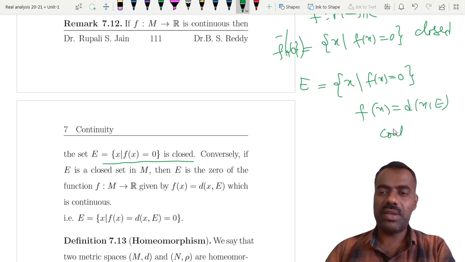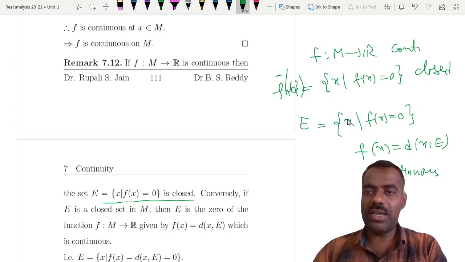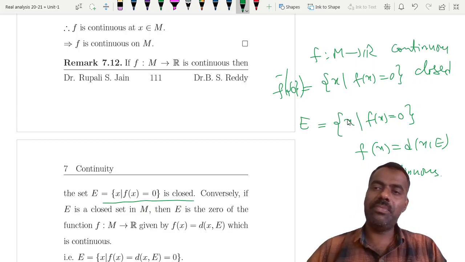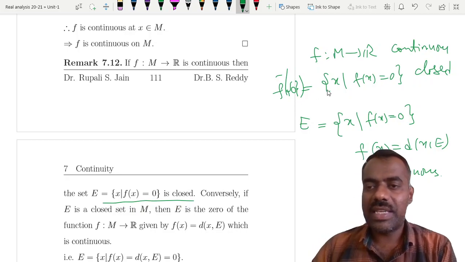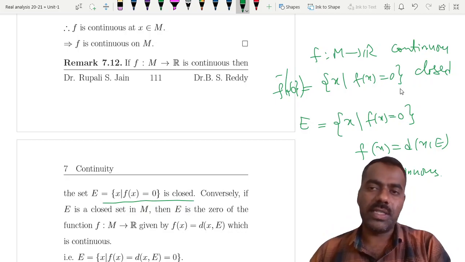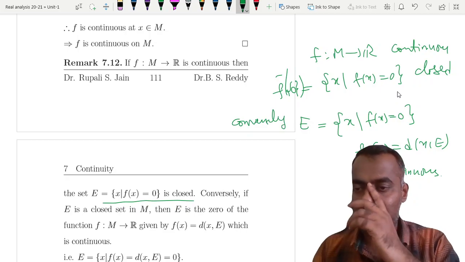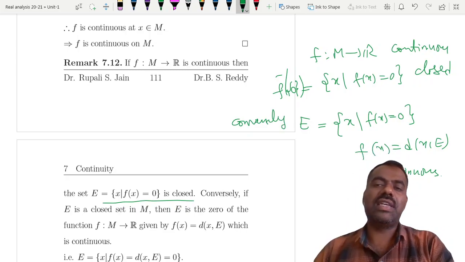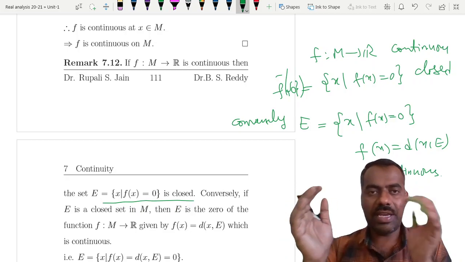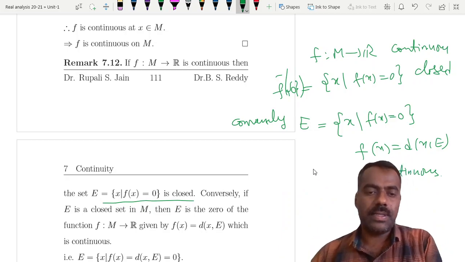This is always continuous, which we have just seen. So what we have here is, if we have a continuous function f from M to R, then the set of points going to 0 is always a closed set. Conversely, if you have a set E which is the zero set of a particular function, that function is continuous. That means we can define a function in such a way that E is its zero set, right?